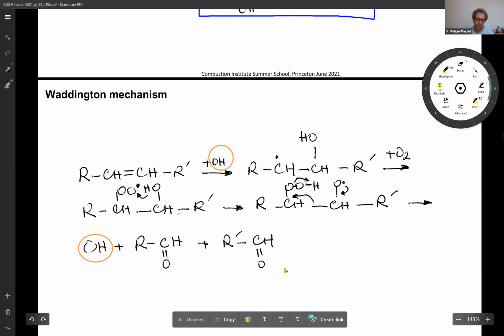So in this case, although you are forming two stable products, you reform the OH radical that initially started the process. So overall it's a propagation reaction, whereas here it's somehow a termination reaction.